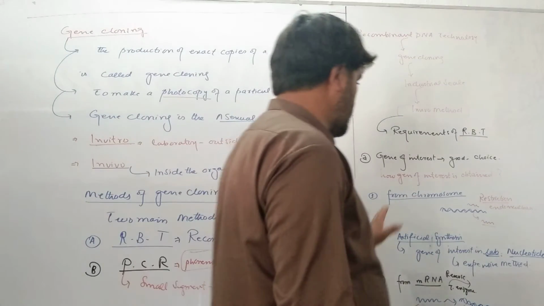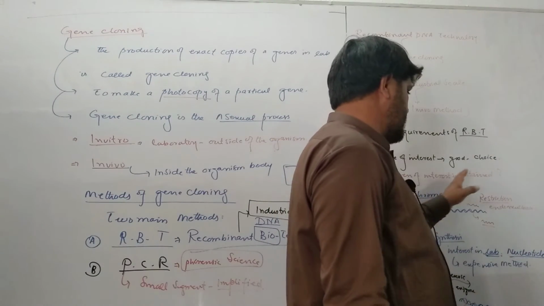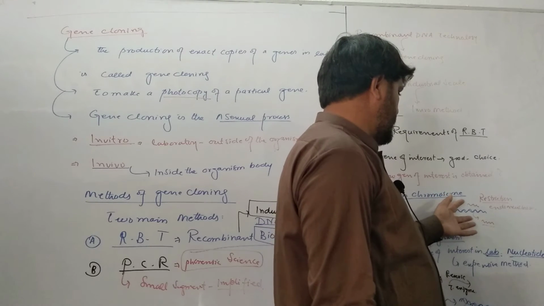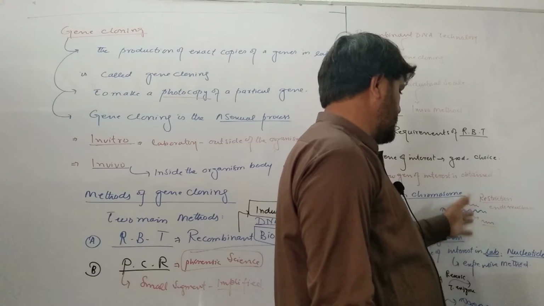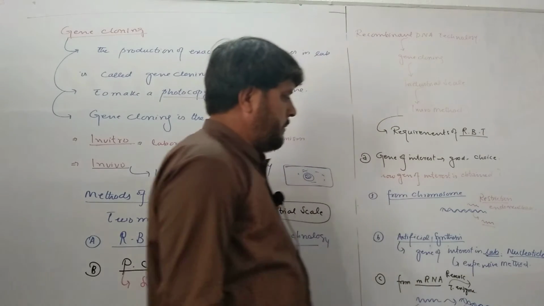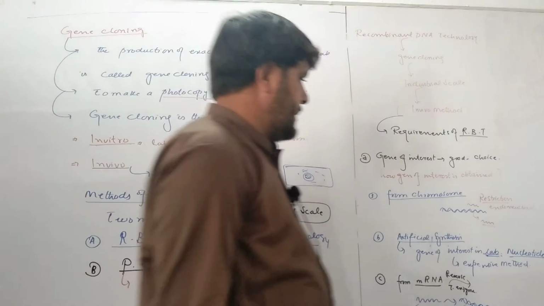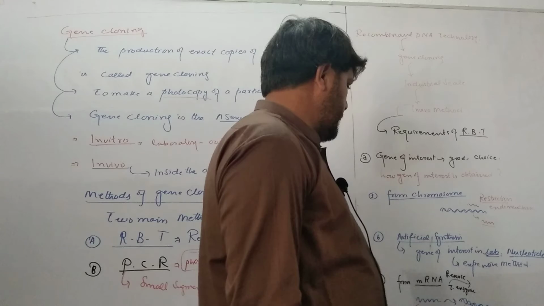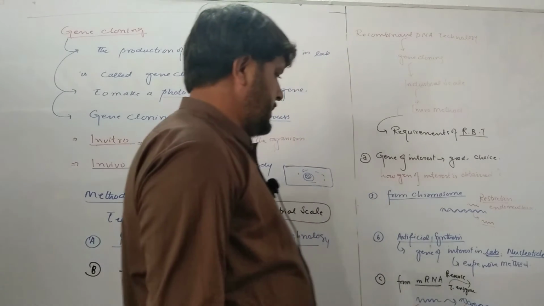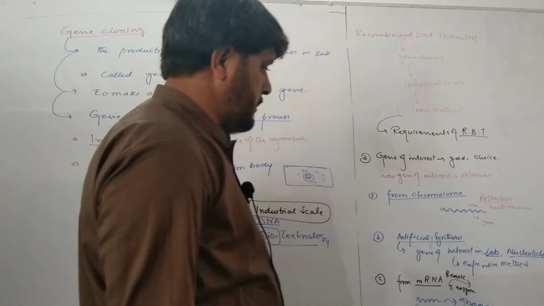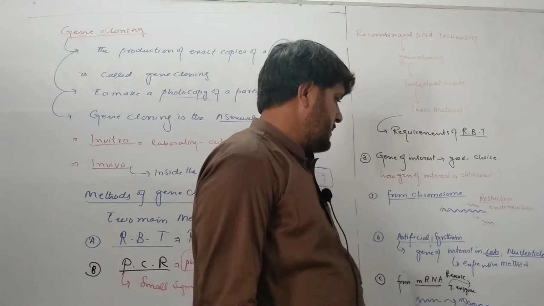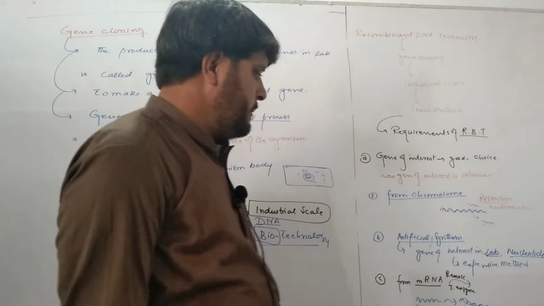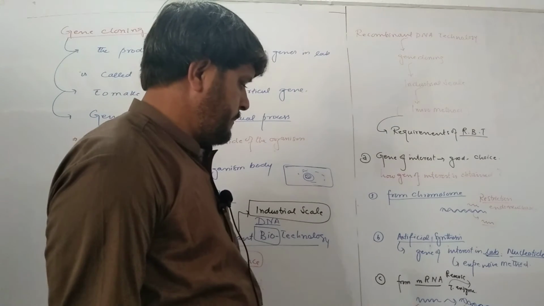The first one is from chromosome. When we apply a restriction endonuclease on a particular segment of chromosome or DNA, these enzymes have the ability to cut the DNA at the flanking ends and make a copy of a gene. Artificial synthesis is used inside the laboratory, in which scientists combine nucleotides under a particular protocol and make a proper gene.